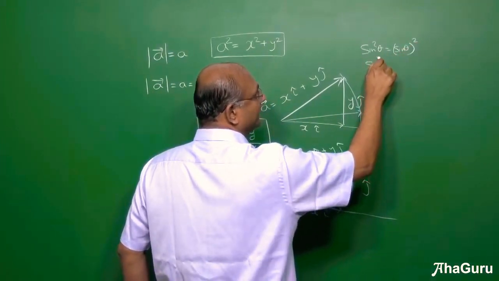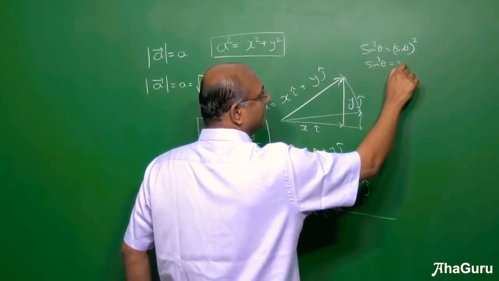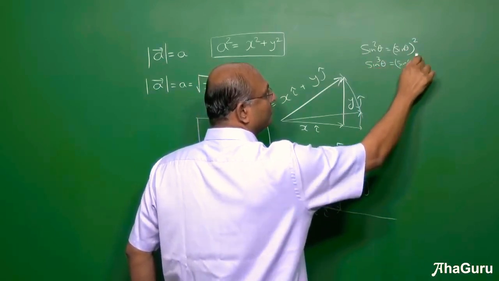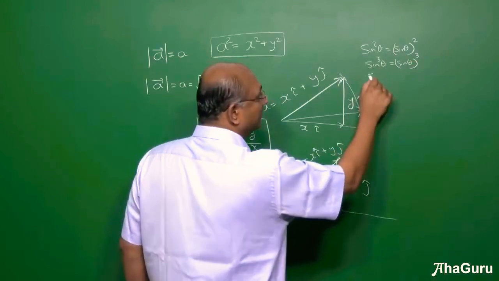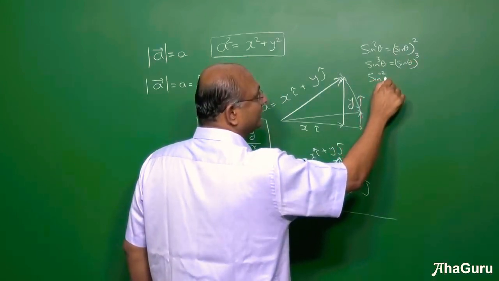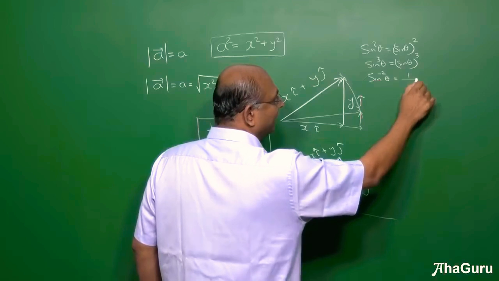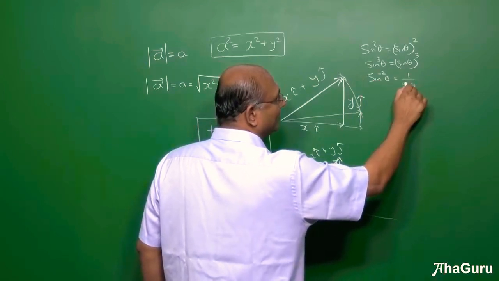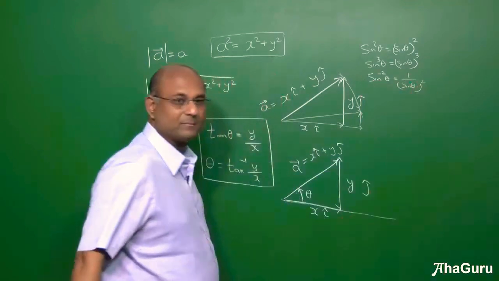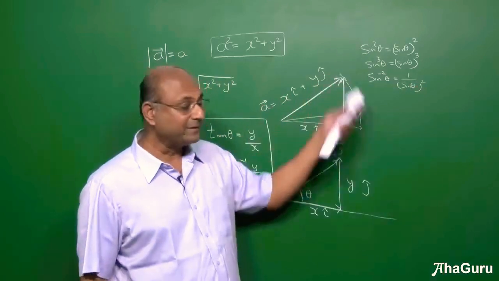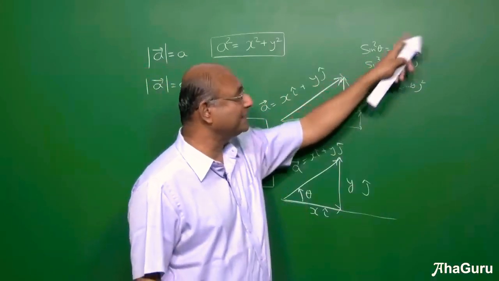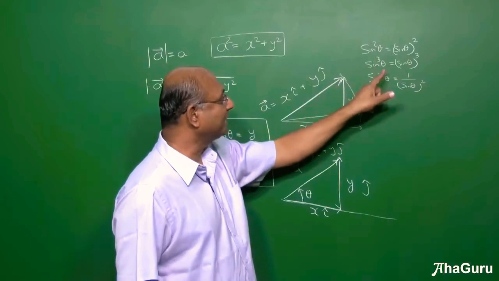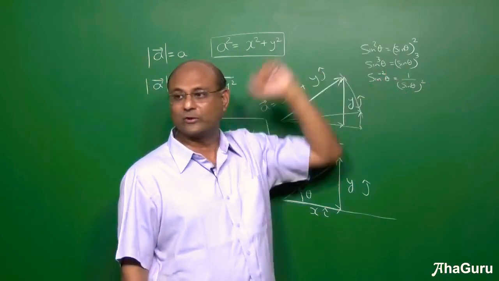Sine cube theta is sine theta whole cube. Sine power minus 2 theta is 1 by sine theta whole square. All this is true. Same thing with tan. Tan square theta is tan theta whole square. Tan cube theta is tan theta whole cube.